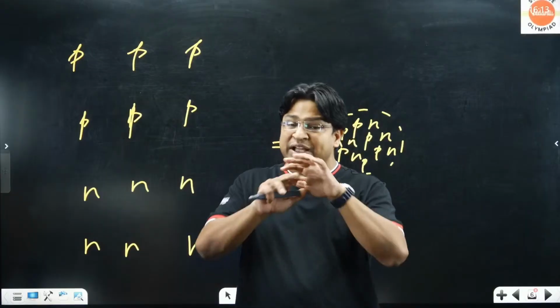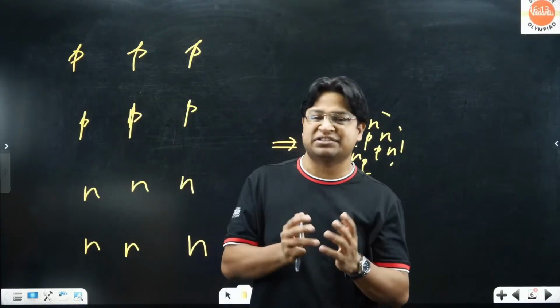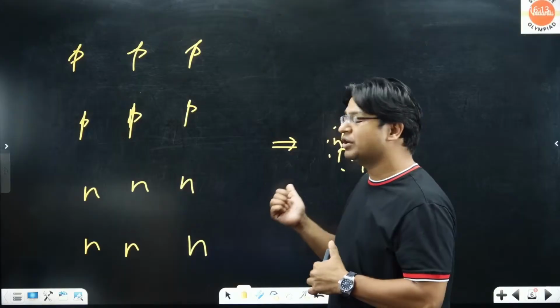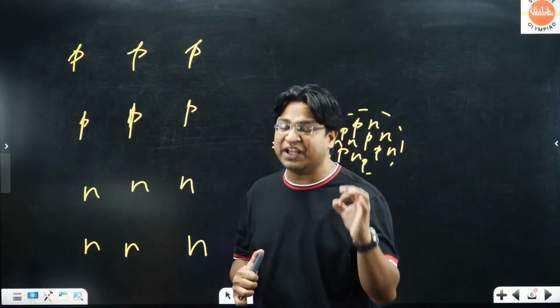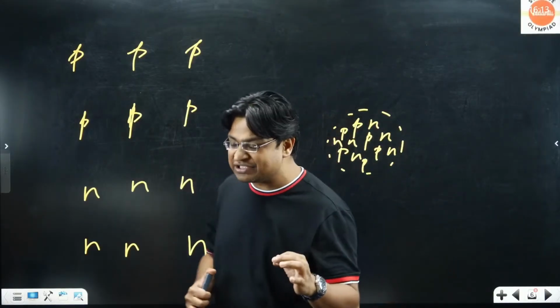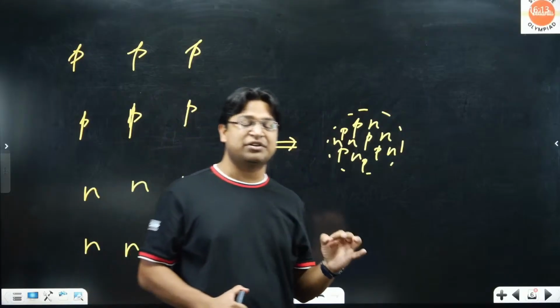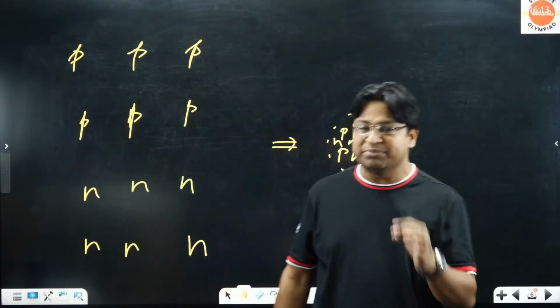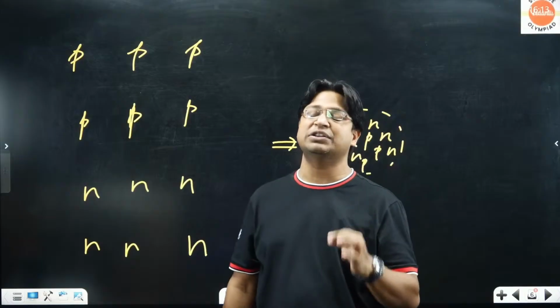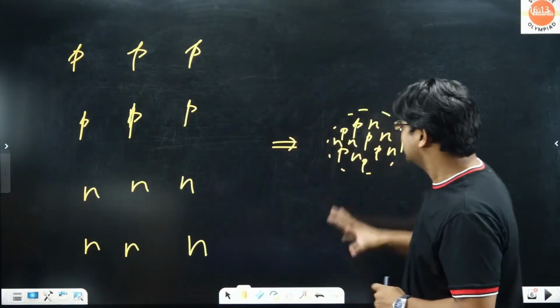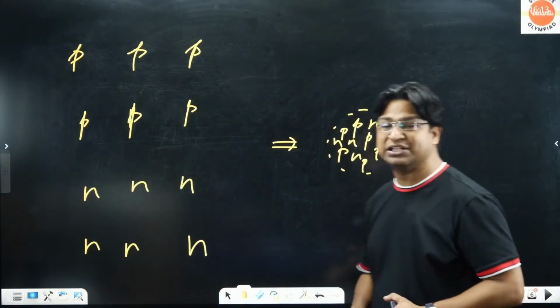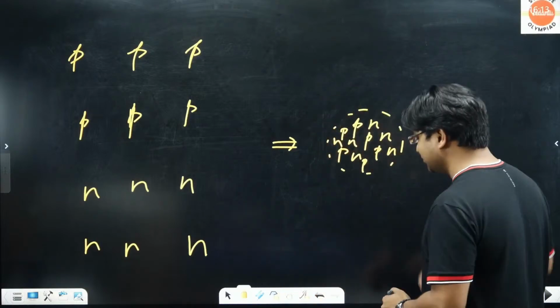So even that distance is an infinite distance for this force. The nuclear force is operational at very small ranges, smaller than the size of an atom, and therefore it will only be seen inside the nucleus, and therefore we call these forces nuclear forces. So the nuclear forces bind these particles together, and that's how a nucleus is constructed.